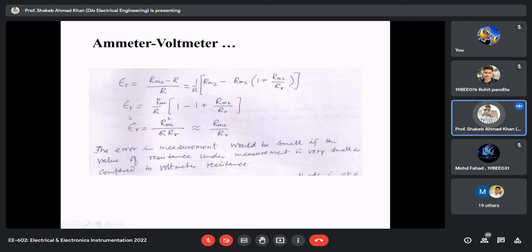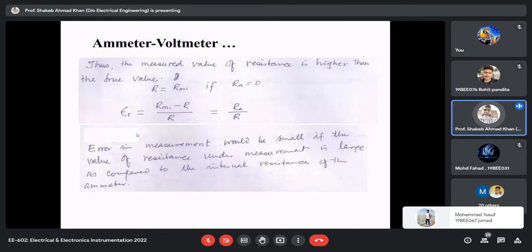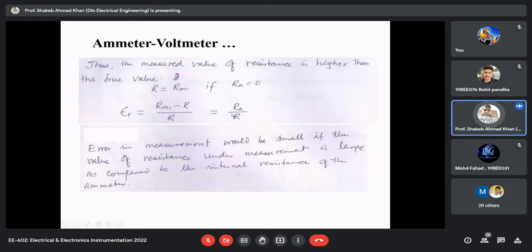Then we concluded that both of them are imperfect, but with the help of all this analysis and the final result, we made the conclusion that the previous circuit is good and will give you less relative error if your unknown resistance is at the higher side within the medium resistance range.